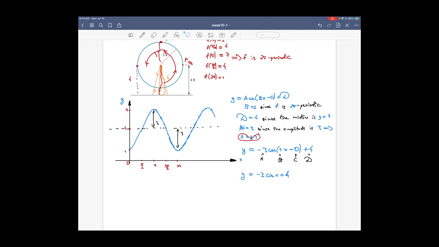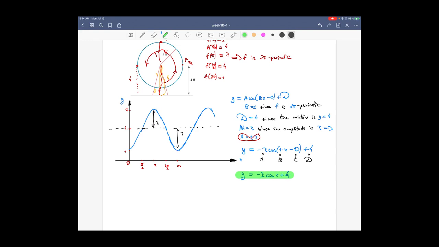And indeed, the graph would look like this. At 0, it would have its minimum. Value is 1. At value pi, when cosine is negative 1, we will have maximum 7, and so on. So this is the candidate for the right answer.